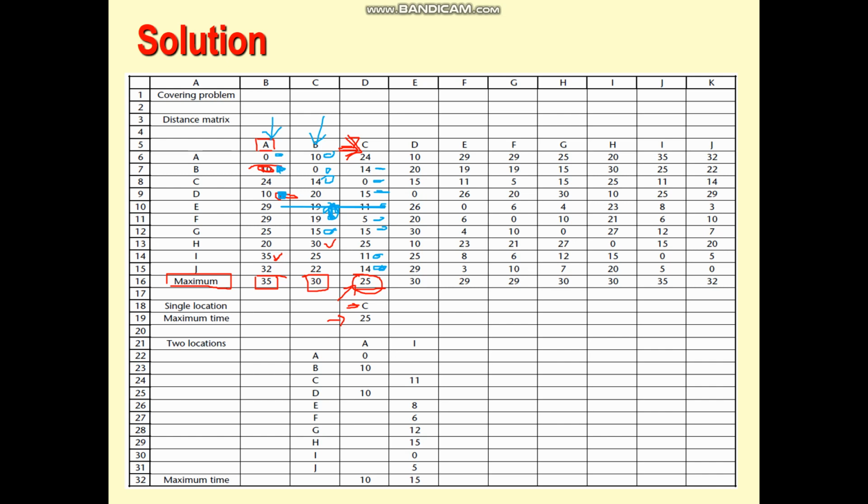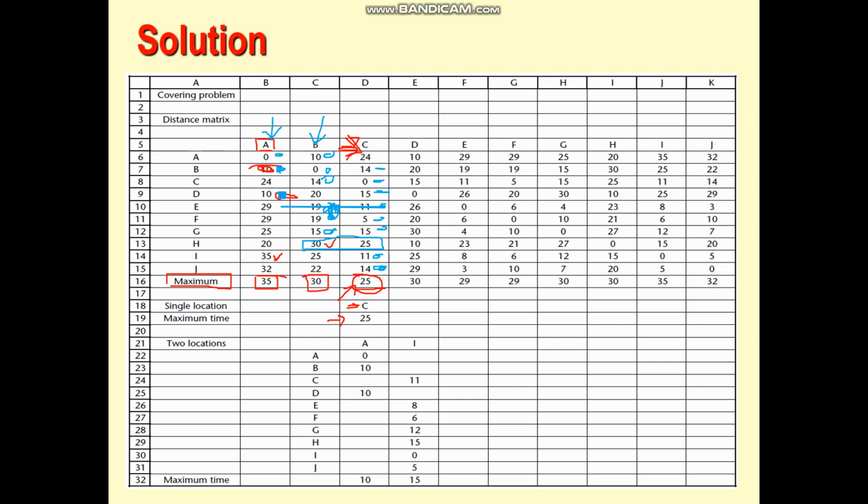If B and C, we can satisfy customers from A, B, C, D, E, F, G, I, and J, but we cannot serve the customer in H within 15 minutes, so it's also not good.